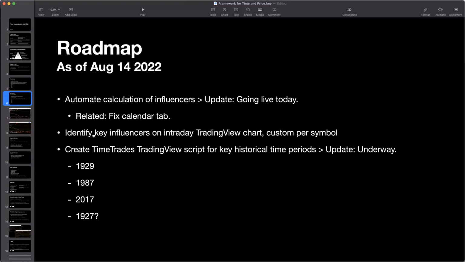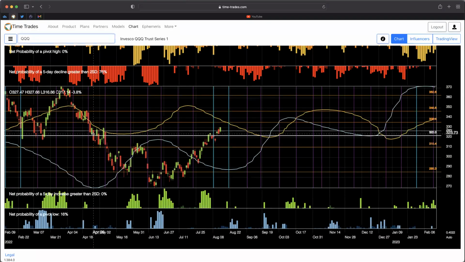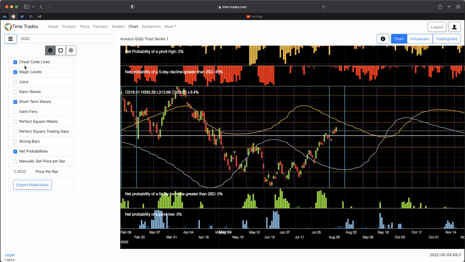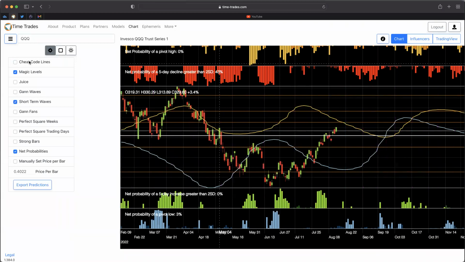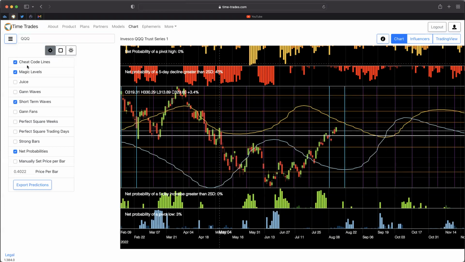Let's go back to Time Trades and we'll talk about the queues. So when it comes to the queues, one of the things I want to talk about here is, on the chart, you're seeing the cheat code lines. These are the purple and teal lines. We've also got the MATIC levels. So those are orange and white horizontals.